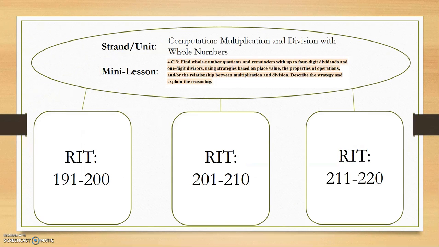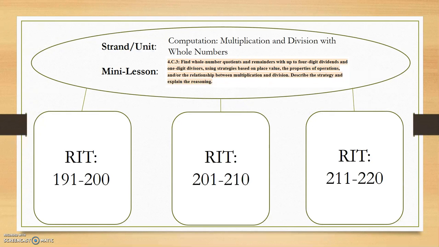Once you have your mini lesson decided, you can use that strand of computation to decide what 3 groups you are going to be meeting with that day. Remember that you are expected to be meeting with 3 small groups each and every day, your lowest small group within a strand every single day, and it is not an expectation for you to meet with all of your students every single day.